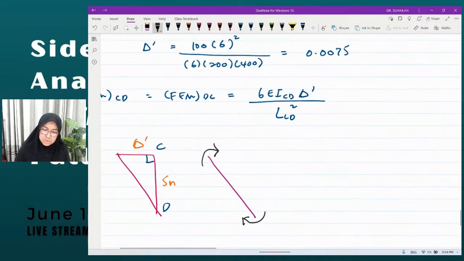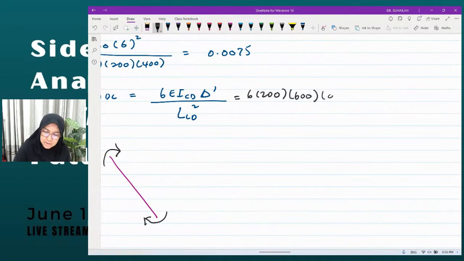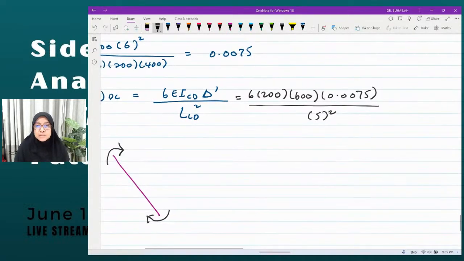So we just need to substitute into the formula. It is 6, E is 200, I is 600, delta is 0.0075, L squared is 5 squared. So this is the value.